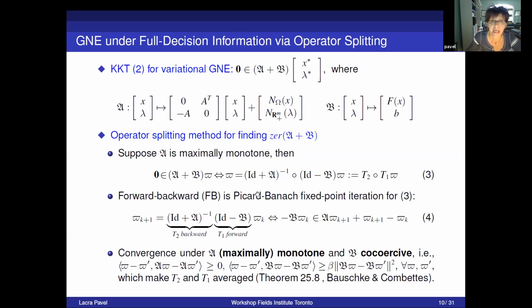Yeah. And based on this, use a Picard-Banach fixed point iteration to develop an algorithm that essentially involves two operators, what we call the forward operator involving the B and essentially the pseudo gradient, and a backward operator.